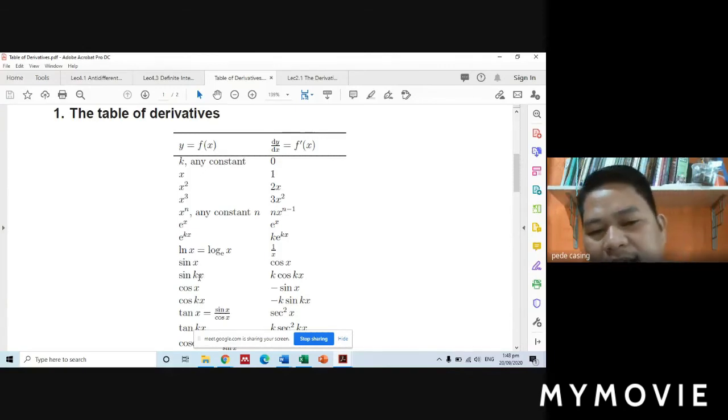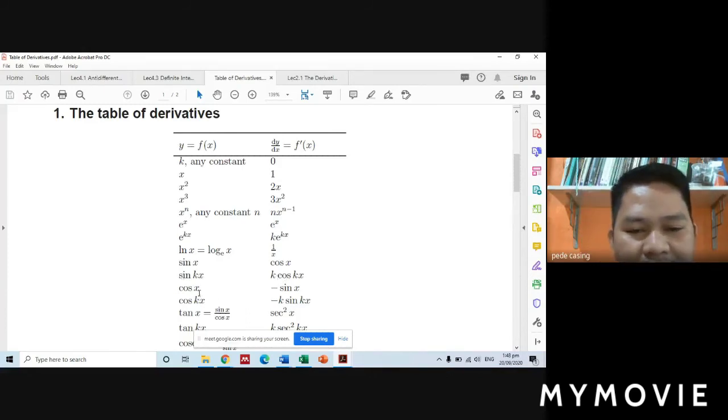If there is a constant k, so sine kx, meaning any number before x, the derivative is k cosine kx. The k you just move to the front before cosine, and the sign changes into cosine. So k cos kx. Then for cos x, the derivative is negative sine x. For cos kx, it is negative k sine kx.